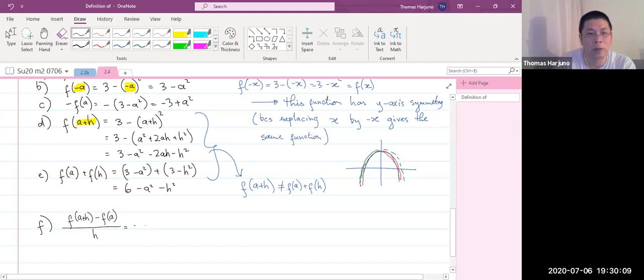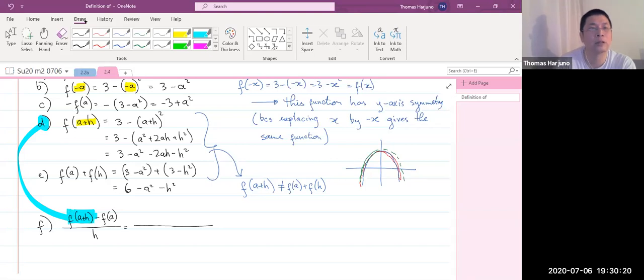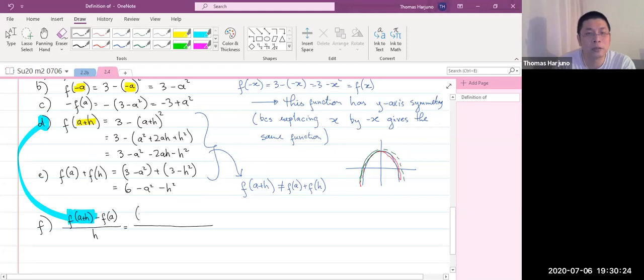The top left, this guy here, is something we have done in part D. Let me just copy the result. That is 3 minus a squared minus 2ah minus h squared, minus f(a) itself, which is 3 minus a squared, over h. And from there, I simplify.